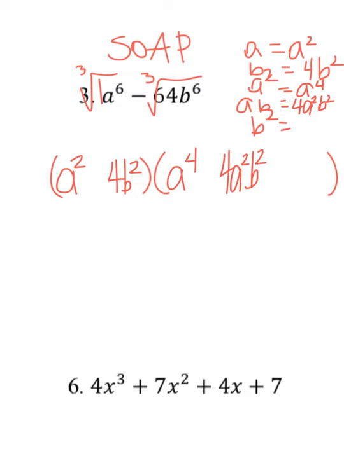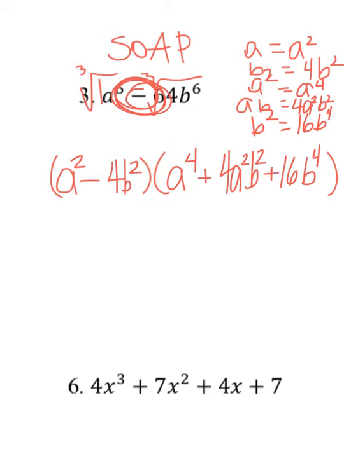And then b squared would be 4b squared squared. So you square 4 and you get 16, and you square b squared and you get b to the 4th. So I didn't even realize about the variables, so I hope that this doesn't get too confusing. And then for the signs, the pieces that are in the middle, you have same. So this started with a minus, right? So same, opposite, always positive.